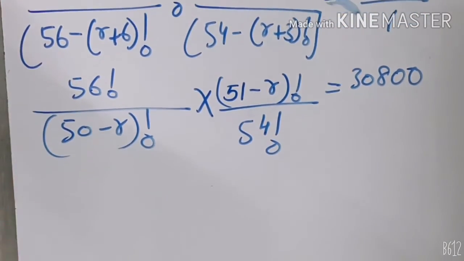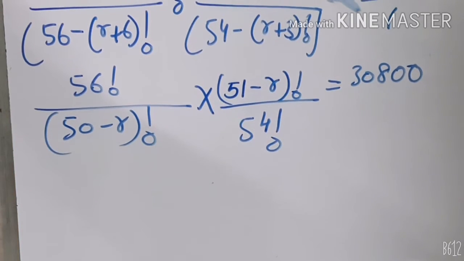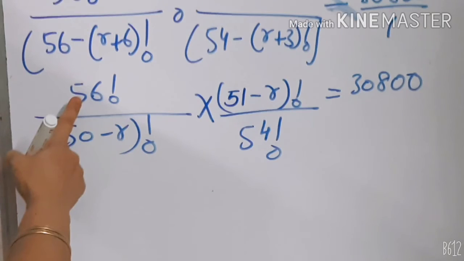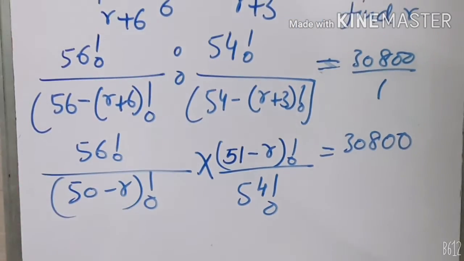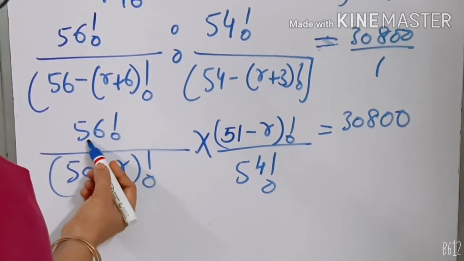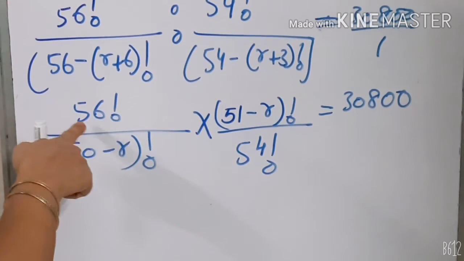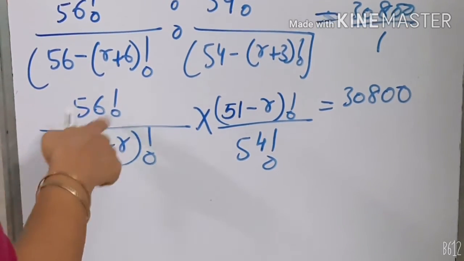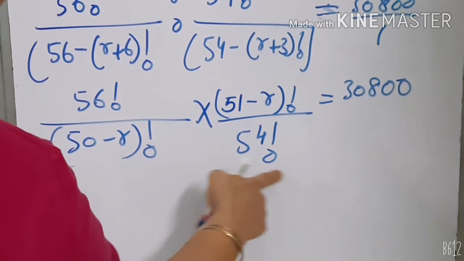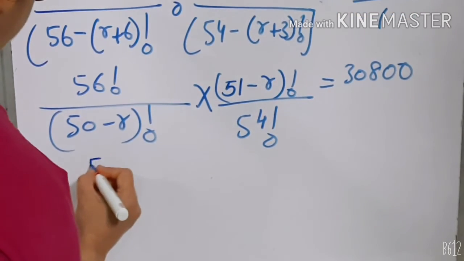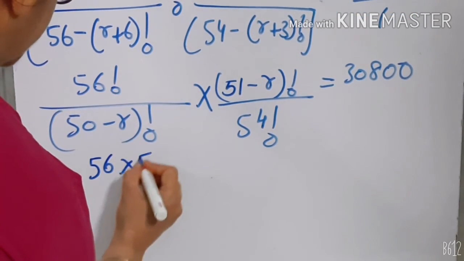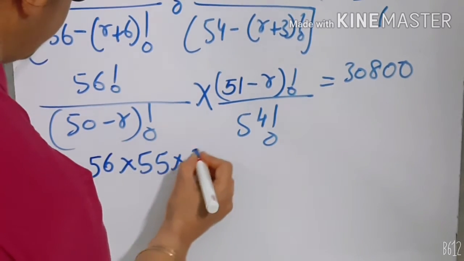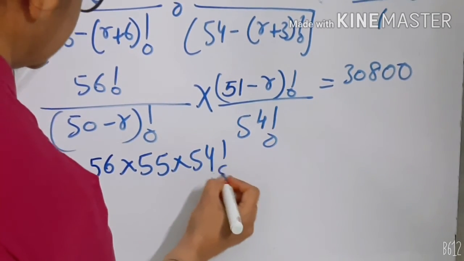Coming to the next step, 56. I said factorial means you need to decrease one number. So now this is 56 factorial. I will open this factorial, decreasing one continuing, so I am getting 54 factorial. So it becomes 56 into 55 into 54 factorial, and then stop.